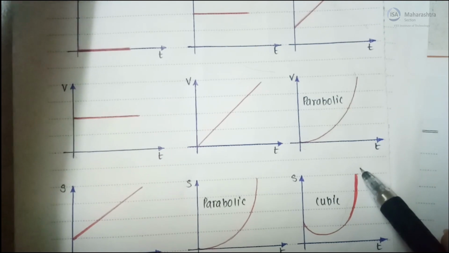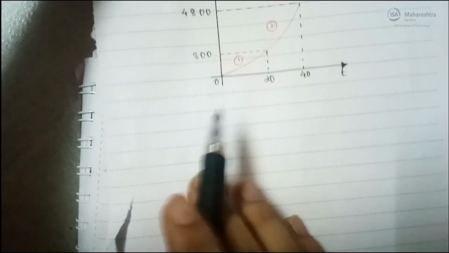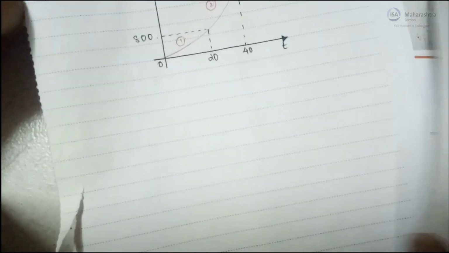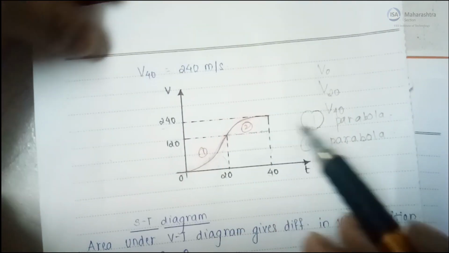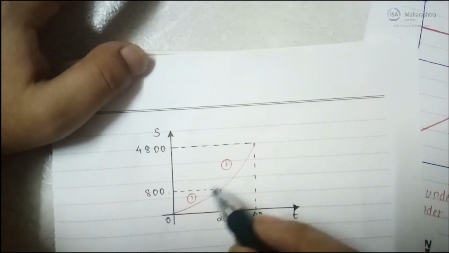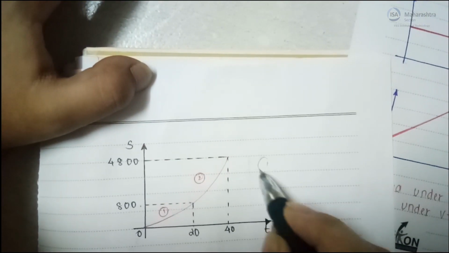Again from 20 to 40, we had a parabola in the velocity plot, so again it will be a cubic curve, a rising cubic curve. As parabola and cubic look similar, we have to mention parts 1 and 2: 1 is cubic, 2 is also cubic.